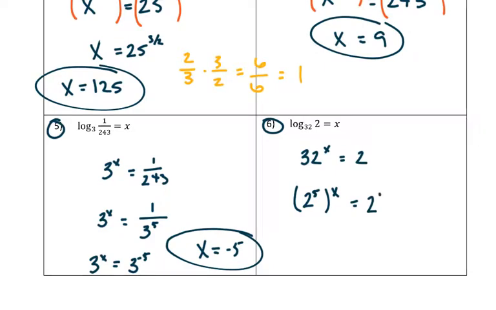If you want to write it to the 1st, that might help you too. You're multiplying, so we have 2 to the 5x is equal to 2 to the 1st. Now that we have the same base, you can set the exponents equal to each other. So we have 5x equals 1, and x would be 1/5. And there's your answer.